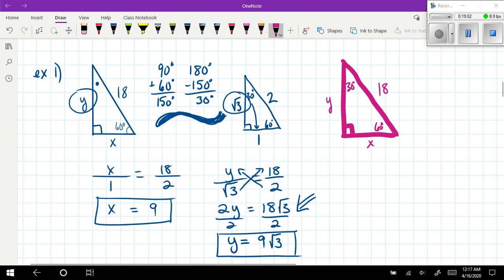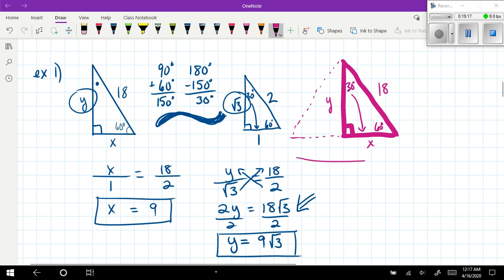This is kind of simple to do, because the side opposite the 30 has to be half of this hypotenuse, which was 18. If you just remember where this thing came from, an equilateral triangle being cut in half.